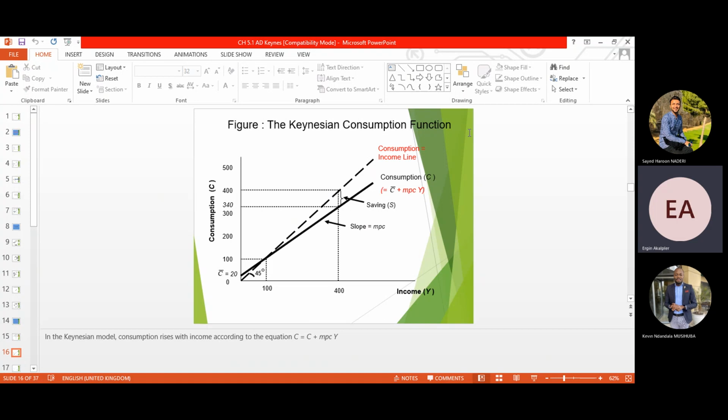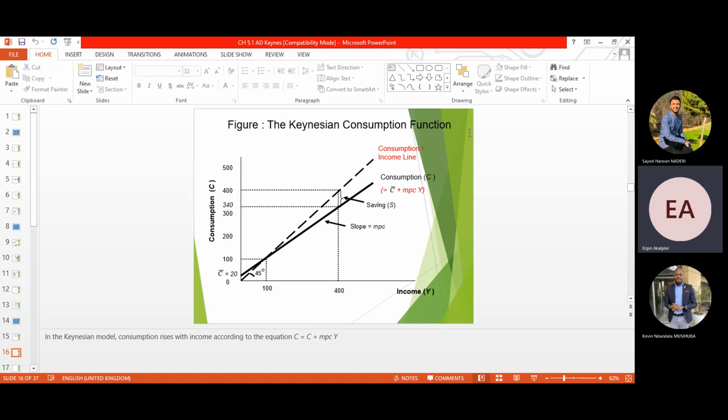Then we are starting from 20. This is the consumption equation, which is the bold line going from autonomous consumption C, which is 20 at the start, the amount consumed that is not dependent on income. It goes, as you see, a little bit lower than the expected, or so-called original, income-consumption line.